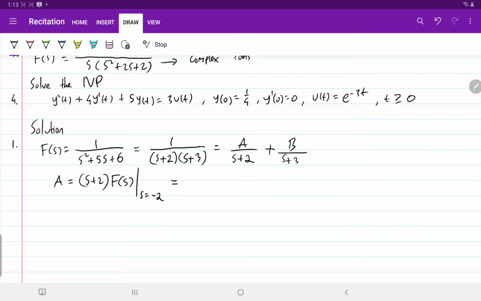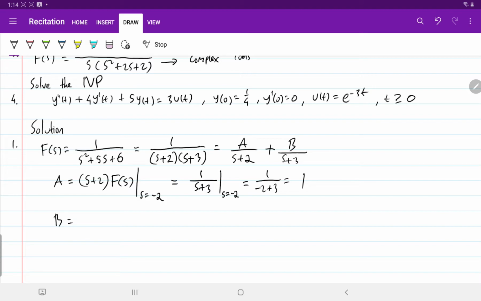So you multiply s plus 2 to F of s. Since you multiply by s plus 2, the s plus 2 will cancel. You only have 1 over s plus 3, and then you substitute s equal to negative 2. Of course minus 2 plus 3 is 1. So A is 1.